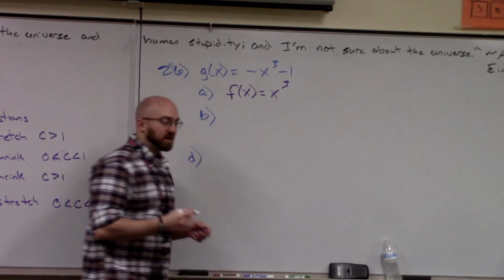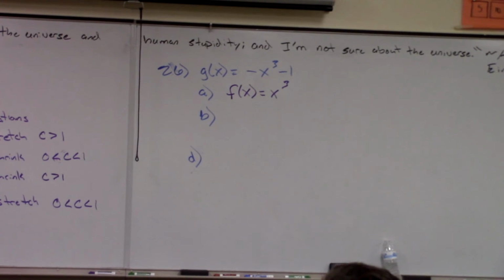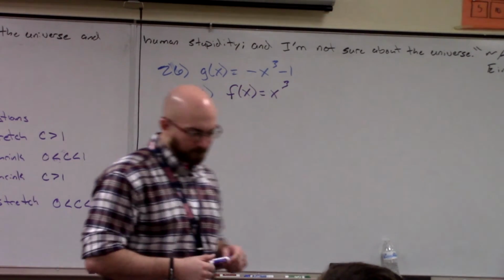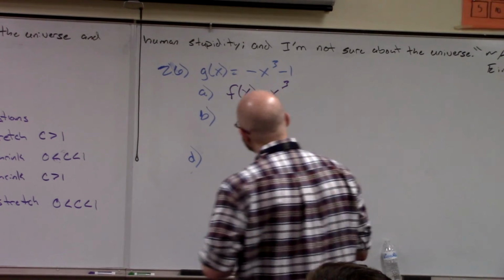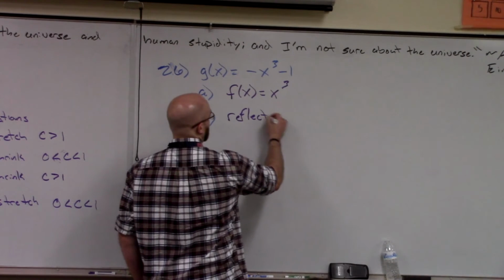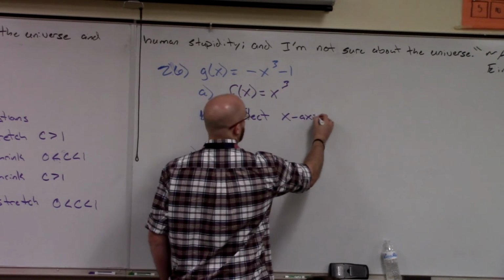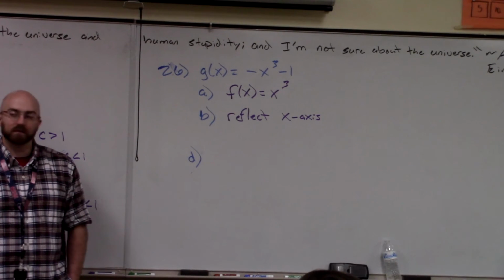The easiest way to identify that, what's happening to x? It's reflected across the x axis and moves right 1. That's my bad. Which way? Oh, down.